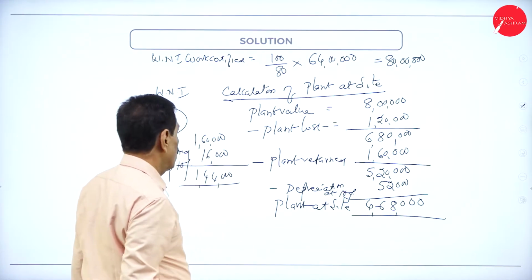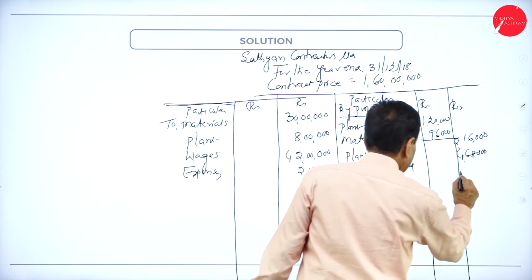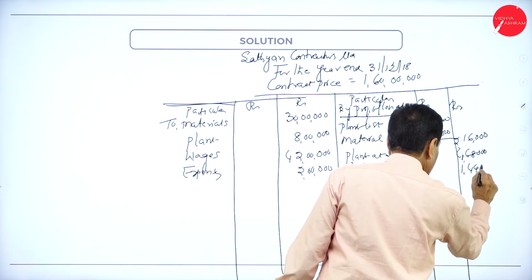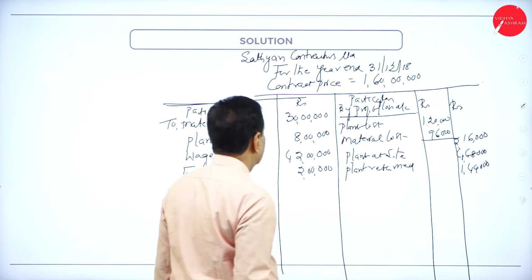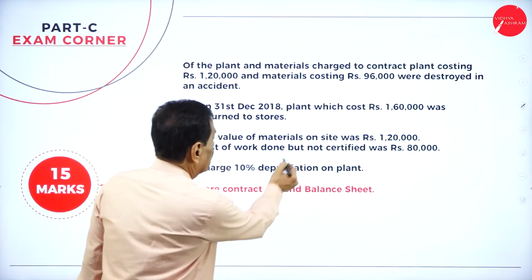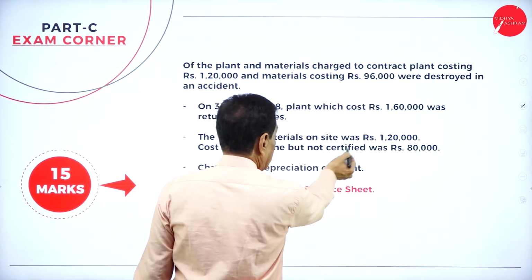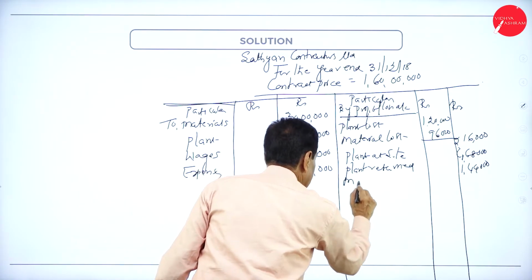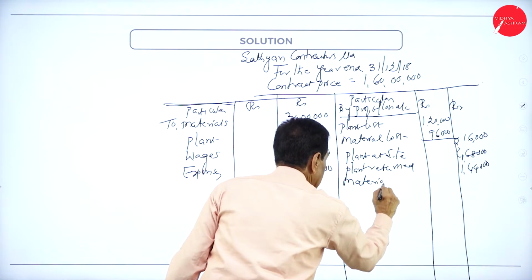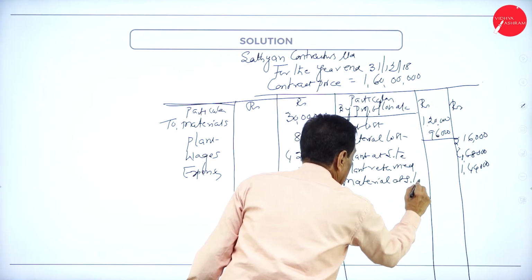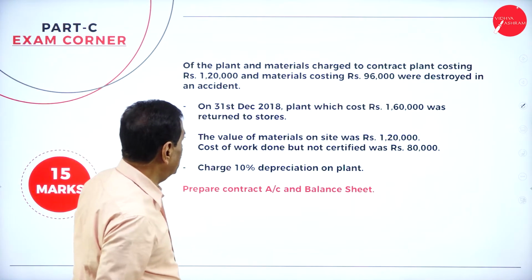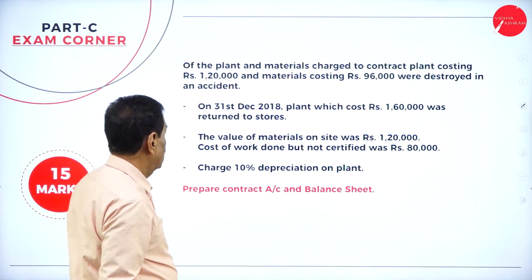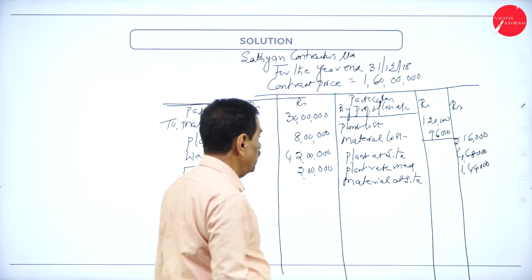Plant returned, 1,44,000. What is the next one? Material at site, which is 1,20,000.